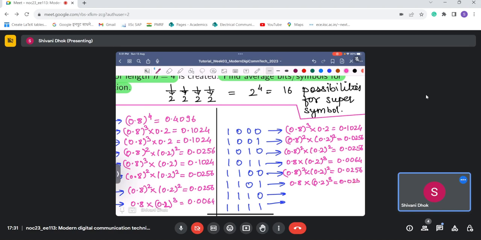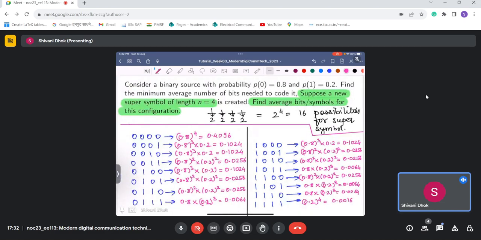What we have here is 0.8 into 0.2 cube, which is 0.0064, and another 0.8 into 0.2 cube, which is 0.0064, and 0.2 to the power 4, it's all 1s, so this comes out to be 0.0016. Now you observe that this factor appears once, and also this factor appears once.